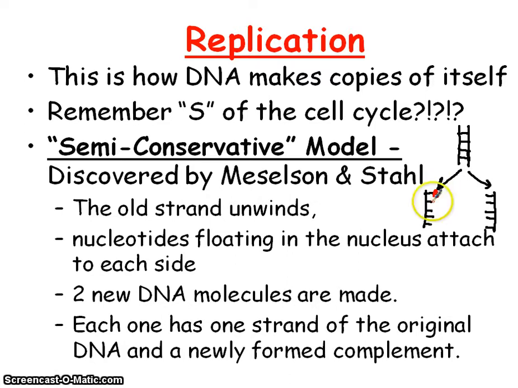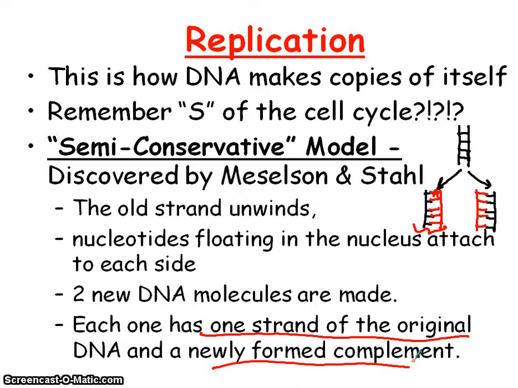A T. And if this was a G, it would be a C. And so basically a partner would match up, and in the end, what we would be ending up with would be two strands, which would now be our two sides of the chromosome, and each one of those strands has one from the original, and then one that's new, a new match.